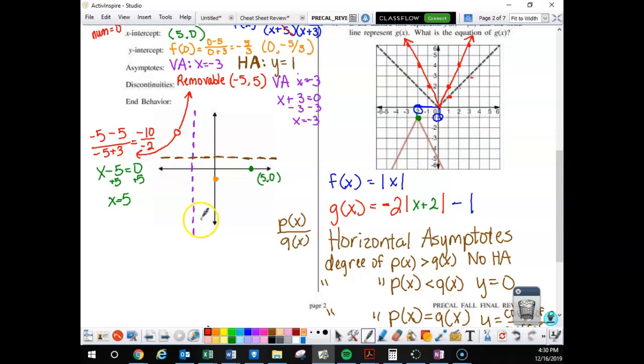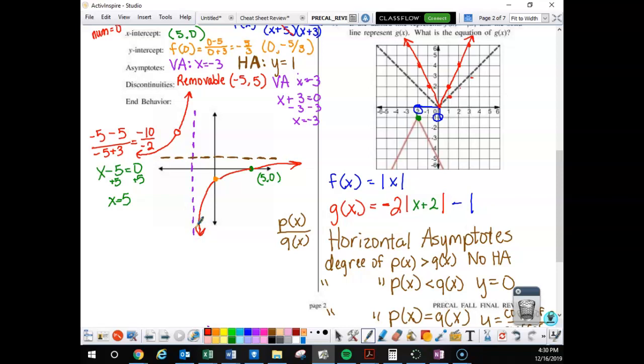And then over here at the bottom, it's going to intersect that y-intercept, the x, and it's going to approach negative 1. Let's try that again. And it's coming down this way. So this is what the graph would look like.